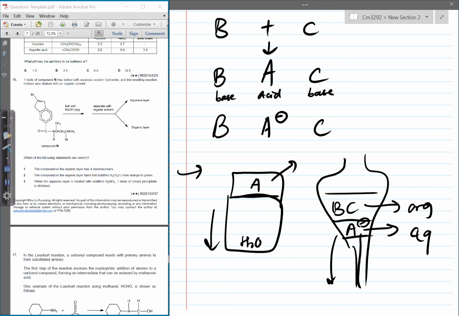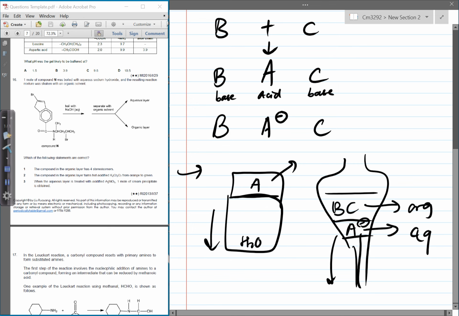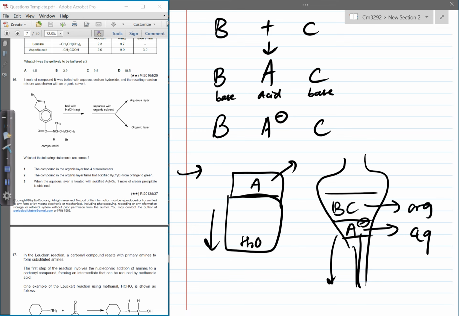Organic, right? A lot of students say it's organic, but the correct answer should be, it can be either, depending on their density. We always say organic layer is less dense because we know that oil floats on water, but oil is just one kind of organic solvent. There are other organic solvents which are denser than water.